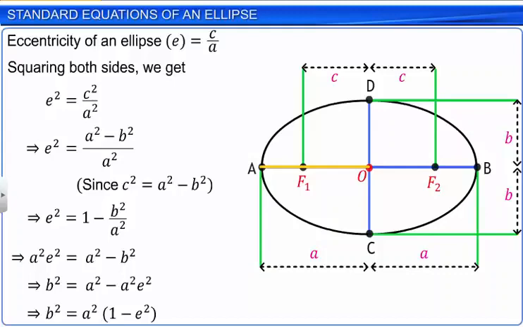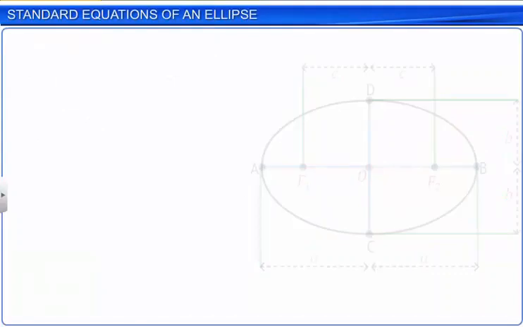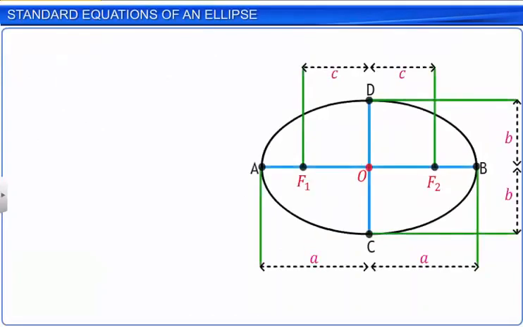Let us now derive some standard equations that are satisfied by all the points lying on an ellipse. If we consider an ellipse with its center at the origin and its major axis along the x or the y axis, then there are 2 distinct possibilities.